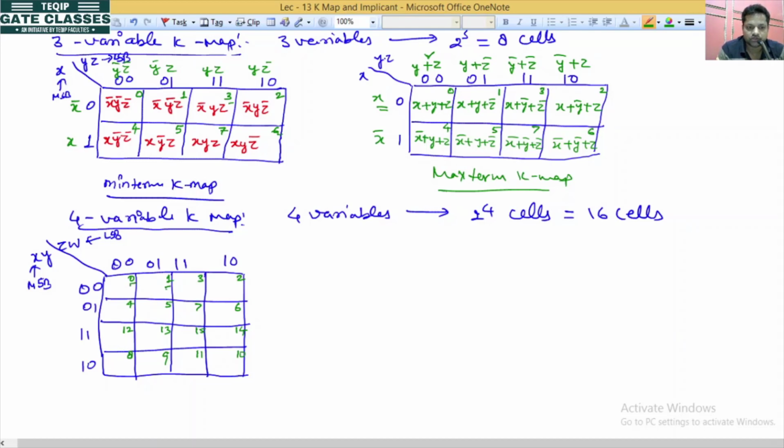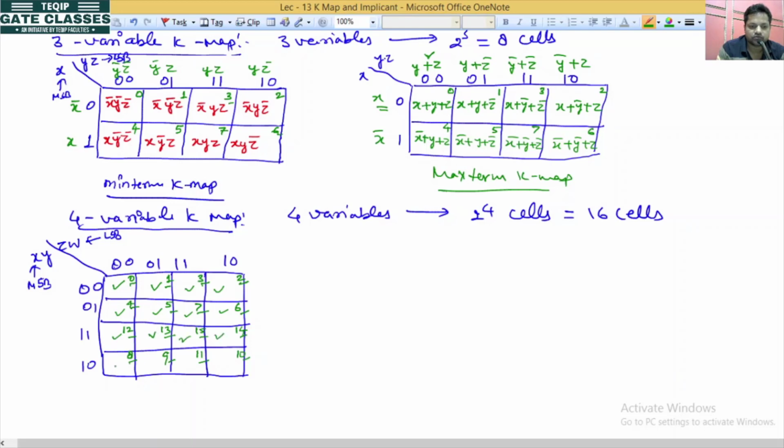So first we write 0 1, then jump 2, come back to the third column 3, then 4 5, again jump 6 7, then we jump to the third row, we will be here 8 9, again jump 10 11, come back to the third row 12 13, again jump 14 15. Okay, now easily you can write the value here.